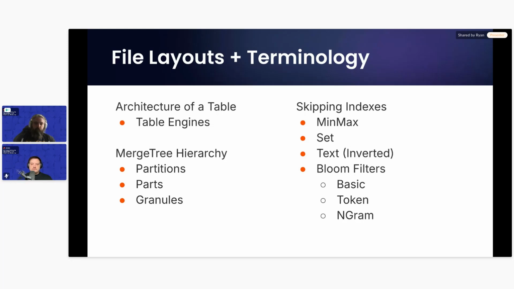For example, a Bloom filter will guarantee to tell you which granule contains a certain value and then have a configurable chance that that value is not actually in the granule and you read it unnecessarily, but you definitely get everything that does have that value. And so this is how you can pretty efficiently index arrays or maps or even long texts using the token or n-gram types of Bloom filters.